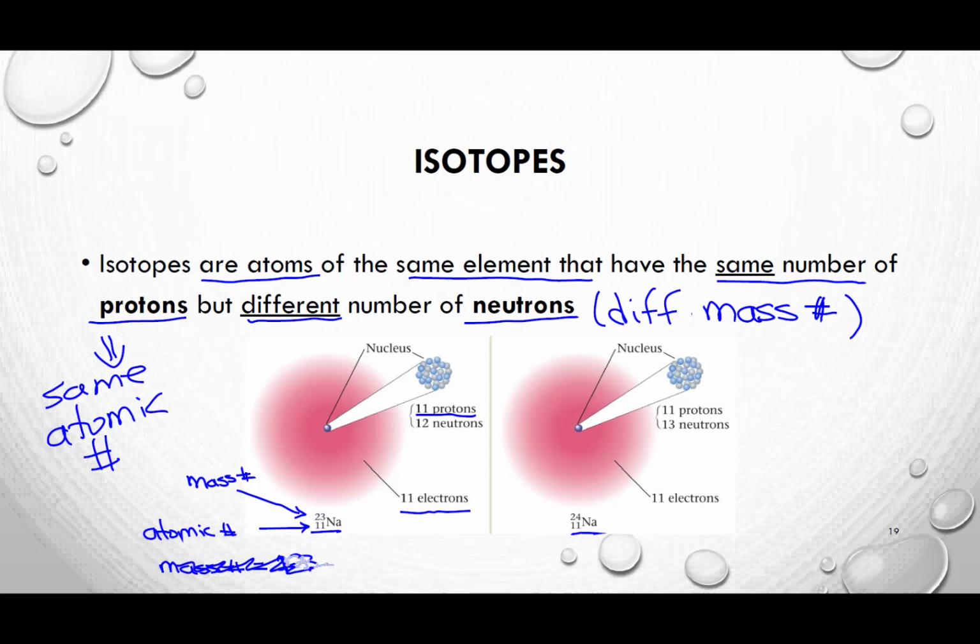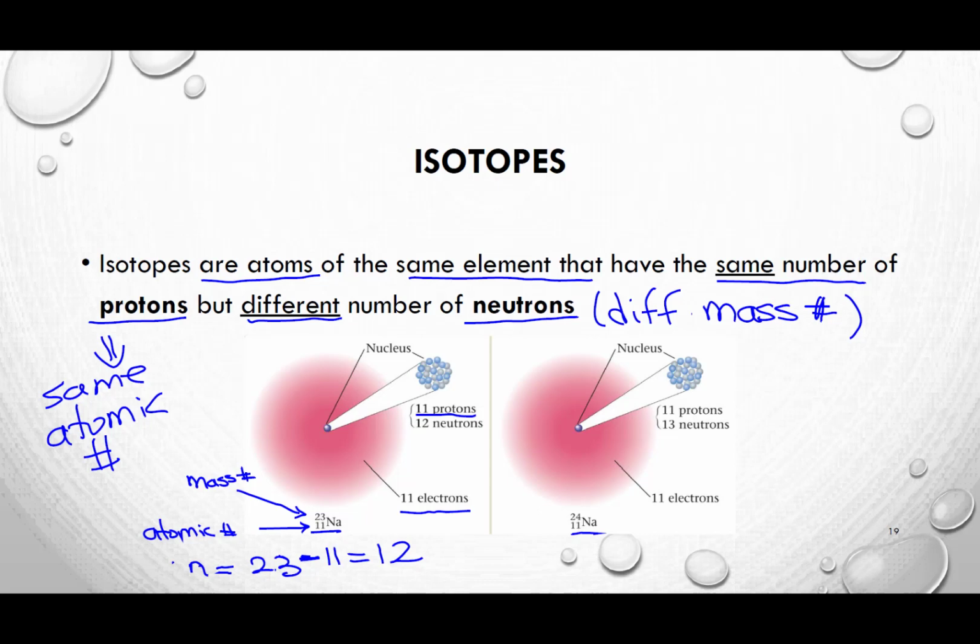Let me erase that. Its number of neutrons is going to be mass number 23 minus the number of protons 11, which will be 12. That's for this sodium isotope, 23 over 11.